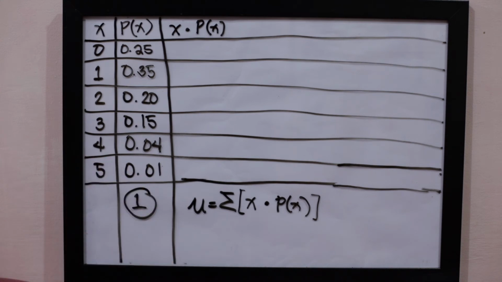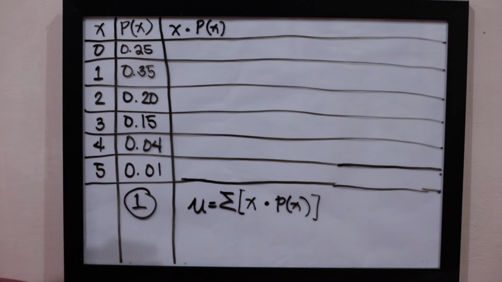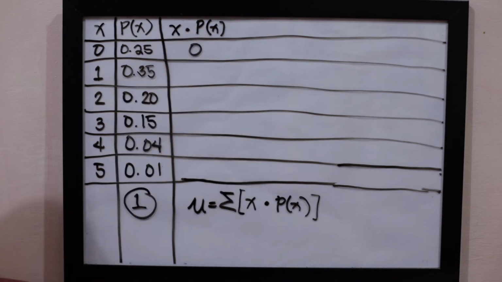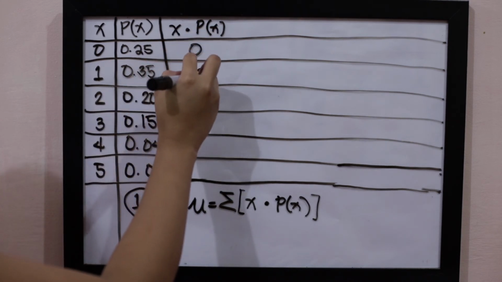So, doing so, in your calculator, I will not show first how you're going to compute this one since this is just a minimal computation. You just multiply. So, I will not show the calculator. So, 0 multiplied by 0.25 is obviously 0. 1 multiplied by 0.35 is 0.35.